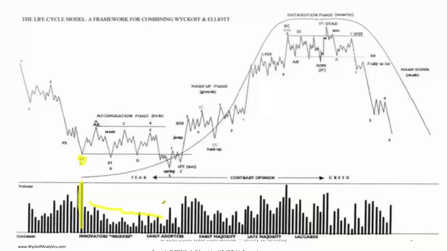Then absorption will bring us to a decreasing volume signature. Spring, or last point of support, or shakeout will provide us with local liquidity that will absorb the final shares and will push the price up in a much different way, which will also coincide with an increase in volume, showing the increase in demand.